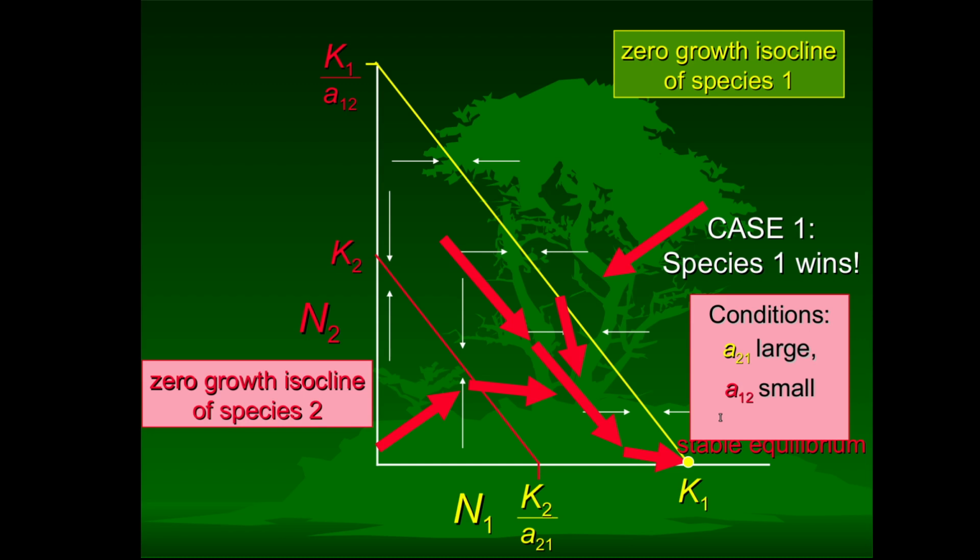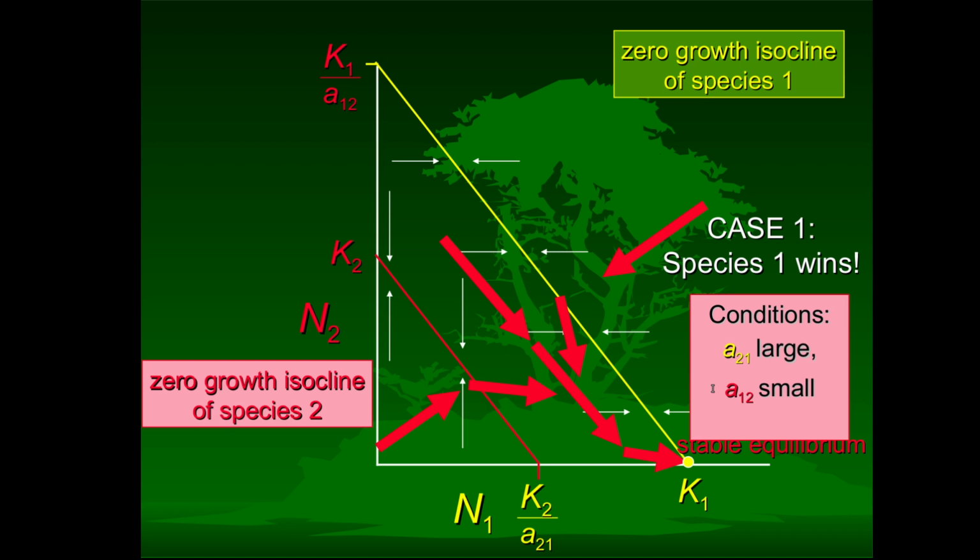Where the isoclines cross the horizontal and vertical axes determines the outcome of the competitive interaction. These points of crossing occur at the shutout level, which is the population density at which one species shuts out or completely excludes the other by virtue of consuming all the limiting resource.